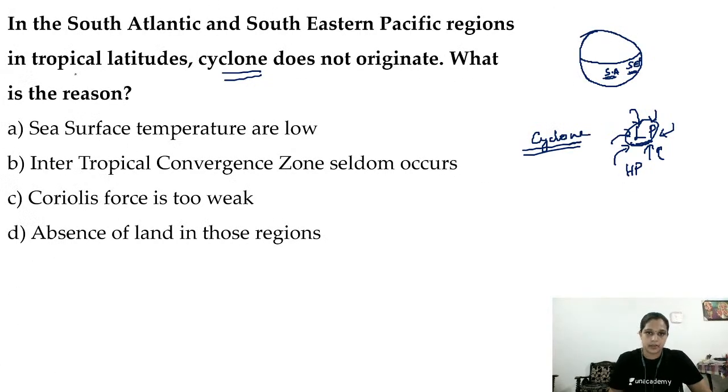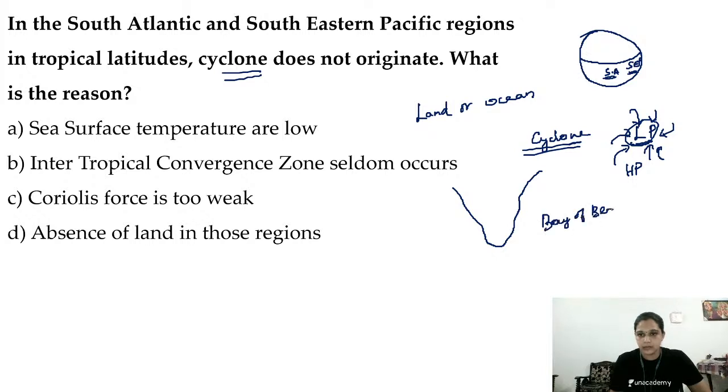Sea surface temperatures are low. Where does the cyclone form, on land or ocean? In India, most of the cyclones form over the Bay of Bengal and Arabian Sea, and they move into the land.